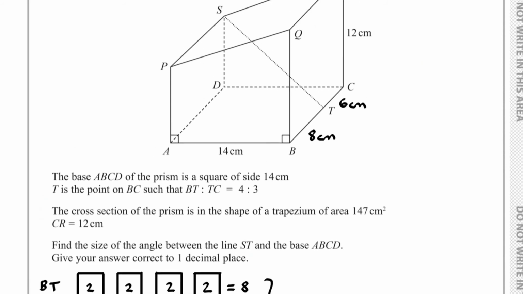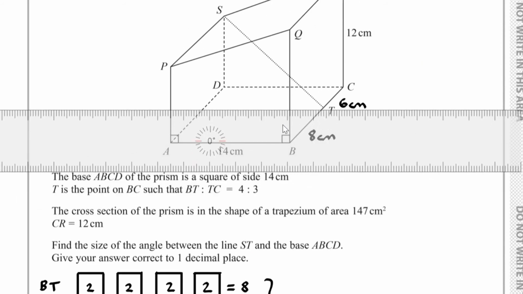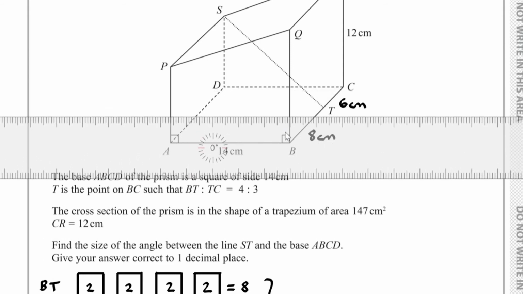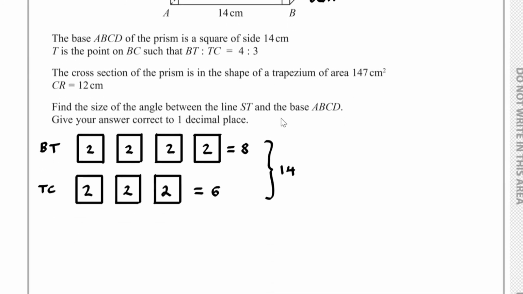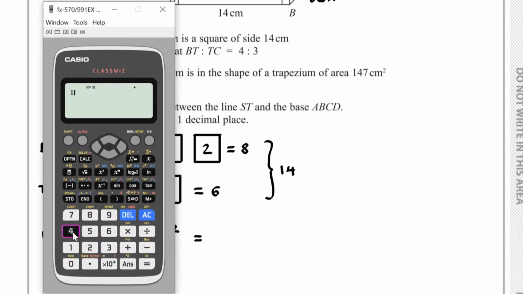Now, if I create a line connecting D and T together, like so, we can find out what DT is using Pythagoras, recognizing that DC is also 14 centimeters. So DT squared is equal to 6 squared plus 14 squared, which if I work this out, we get 232.